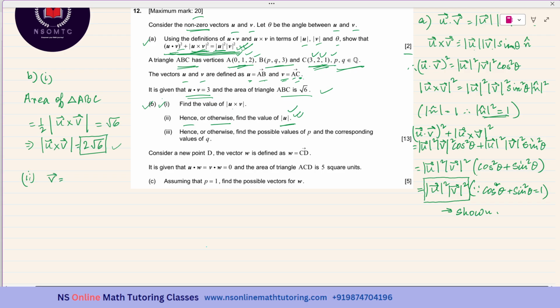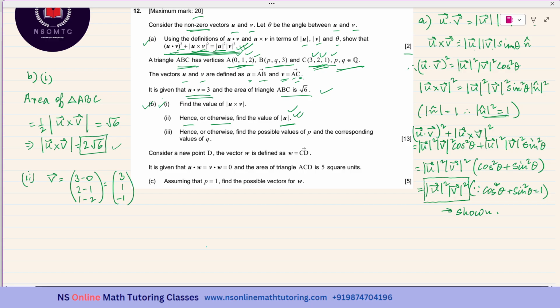Okay, so vector V is equal to AC, so it will be C minus A, so 3 minus 0, 2 minus 1, and 1 minus 2, equal to 3, 1 and negative 1.